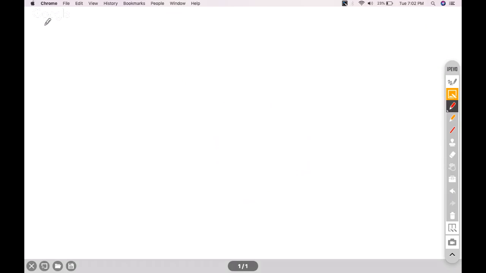This is an NCERT question, and it's a very good question. It says that ABCD is a parallelogram.